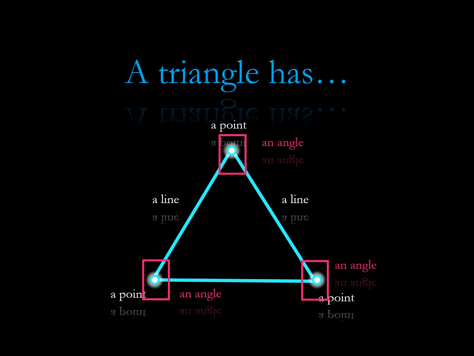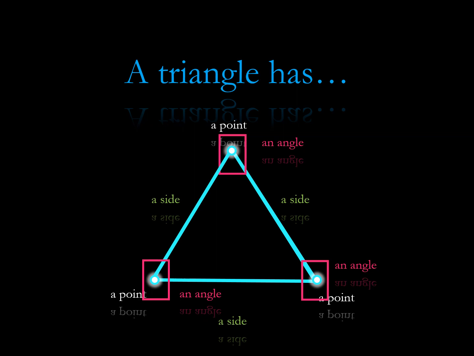And how many lines do we have? We have 3 lines. But you know what? Now that the shape is closed, we don't need to call them lines anymore. They're going to have a new name because they're part of a closed shape. And we're going to call them sides.